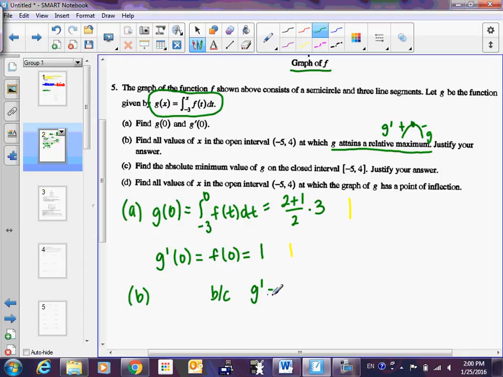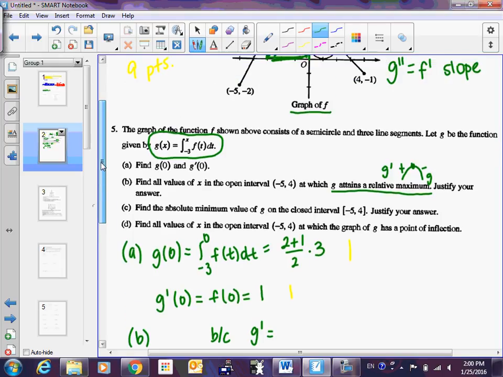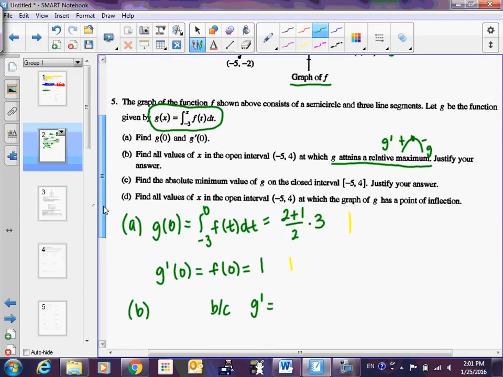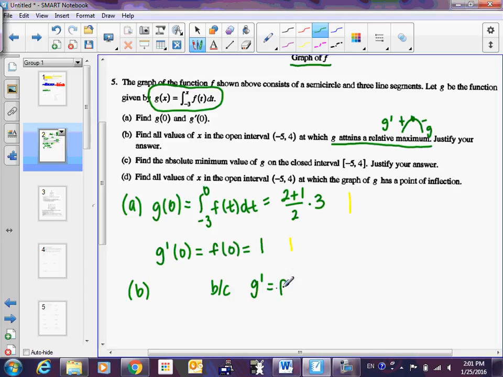Well, I'm not given the graph of g prime exactly. It doesn't say g prime. So I got to say, okay, what is g prime the same as? It's the same as f, which are the y values. So let me finish the justification here. G prime, which is the same as f, changes from positive to negative.